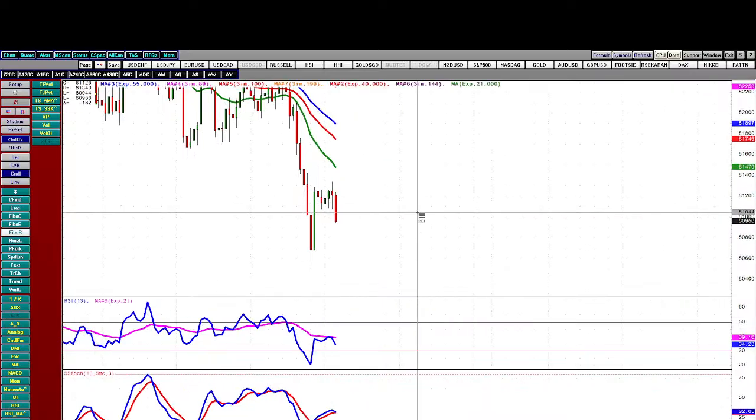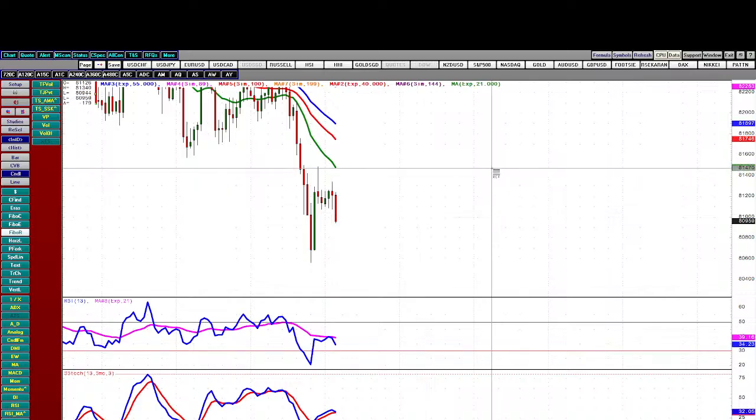Okay. So now we have so far in hand we are holding dollar Swiss long 0.2 or 0.3 at 81.20, and dollar yen long at 144.